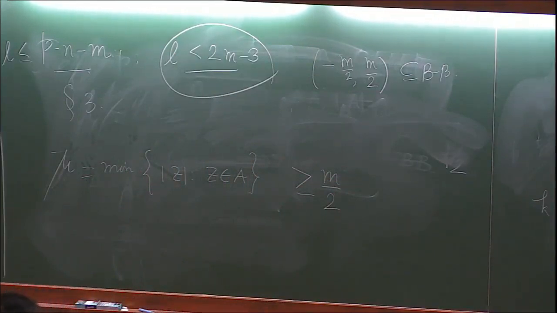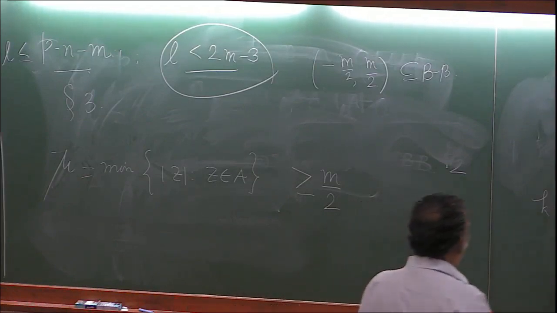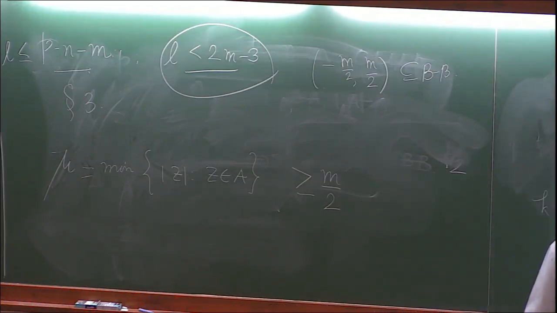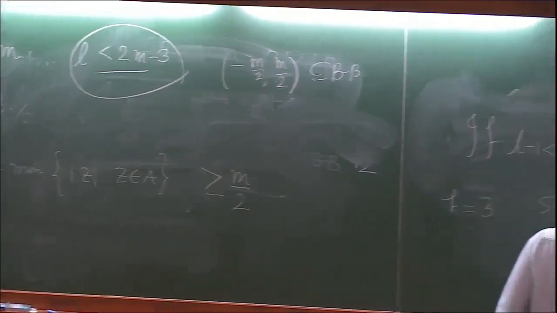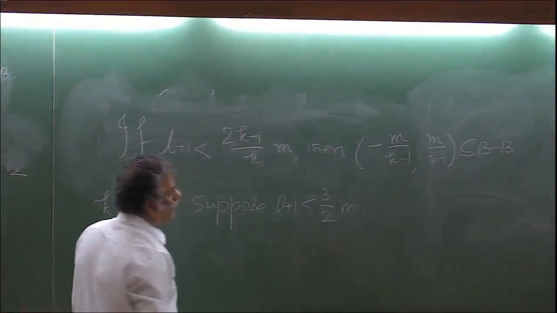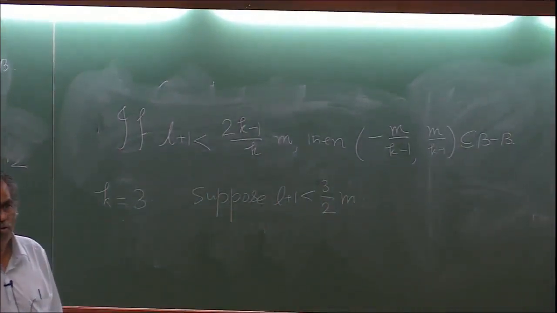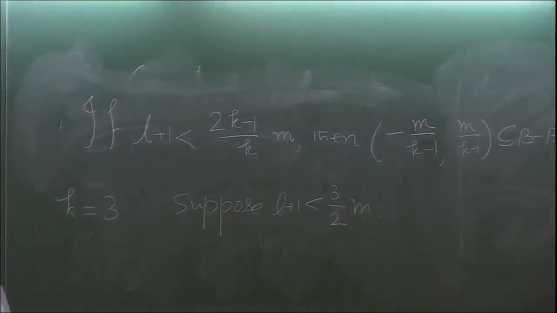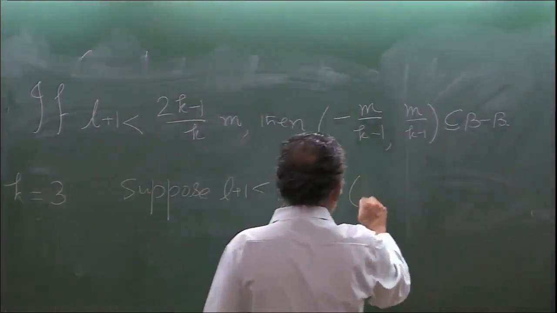Good. Probably we can do it slightly better. Therefore, let us say, suppose L plus 1 is less than 3 by 2 m, then I can even choose k equal to 2, and therefore that will give you a stronger result.